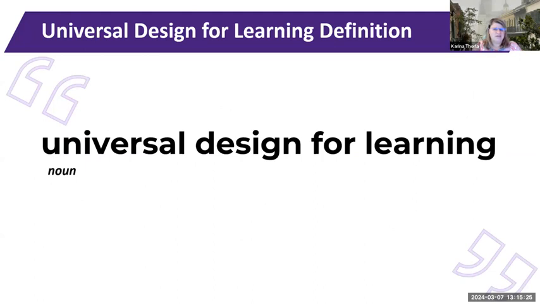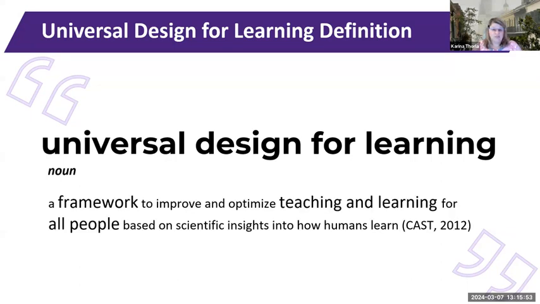So what is UDL? We've talked a lot about it, said the name, we've used the acronym a little bit. So I want to get us started by defining what Universal Design for Learning, or UDL, is. CAST, which is a nonprofit organization responsible for developing UDL and the guidelines, has defined UDL as a framework to improve and to optimize teaching and learning for all people.